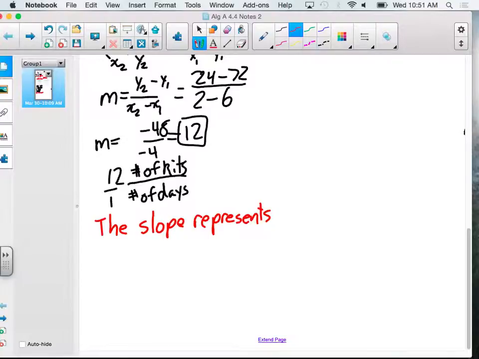Okay, it represents the number of kits. We're not abbreviating or using any signs because we're writing a sentence, right? The slope represents the number of kits. What's the last part? Per day. Made per day.